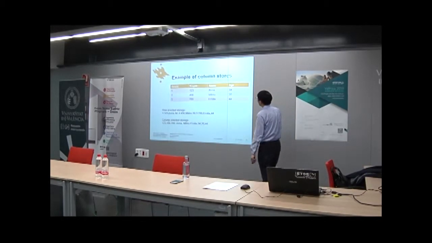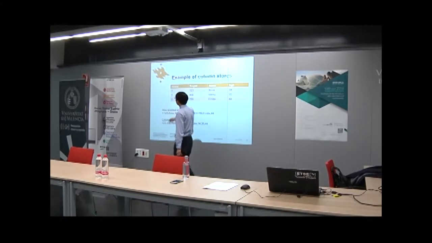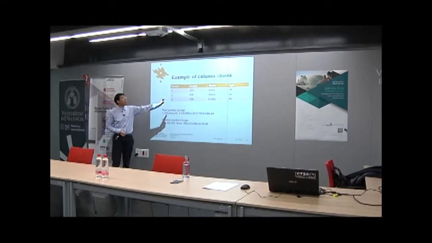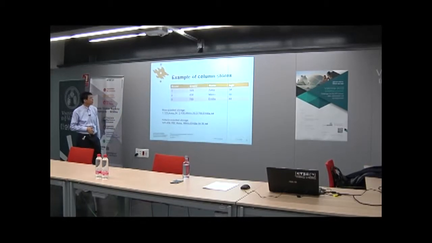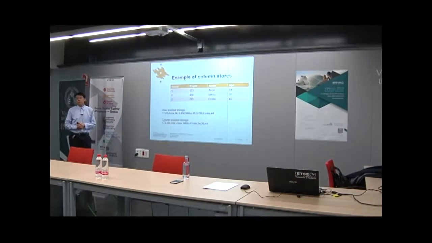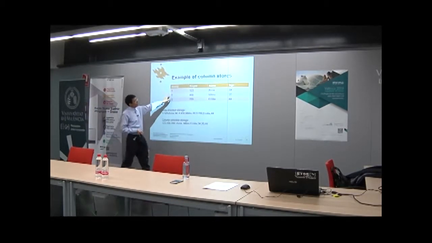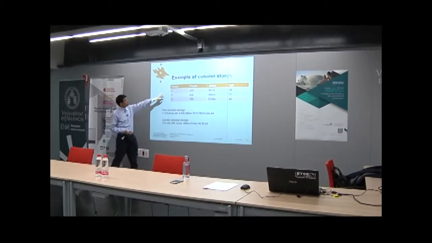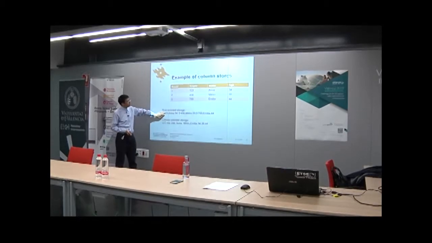We can see this example. If we have one table, this table is very simple, including 4 different attributes. The first one is row ID, the second is employee ID, then name and age. If we use row-oriented storage, then we will store this table information by rows. So we first store the first row, 1, 123, Anna, 34 years.